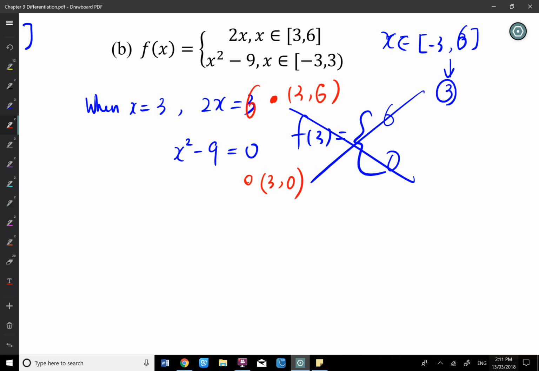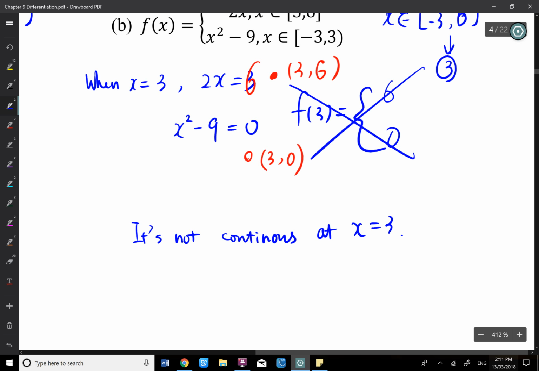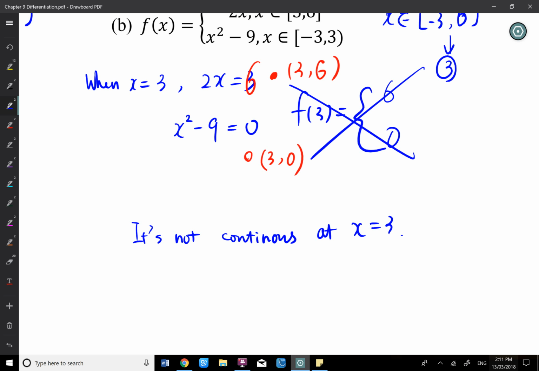Okay, 0 here, 6 here. There's no connecting. They're not connecting. So the conclusion is not continuous at x equals 3. But it's alright for anywhere else. Other places are fine, just not that point. That point is not connecting, so it's not continuous at x equals 3.